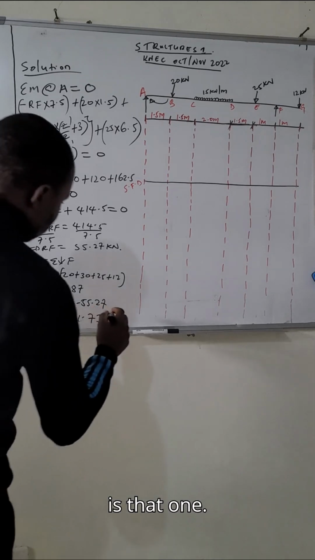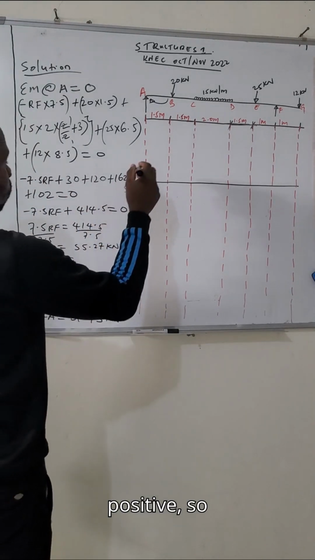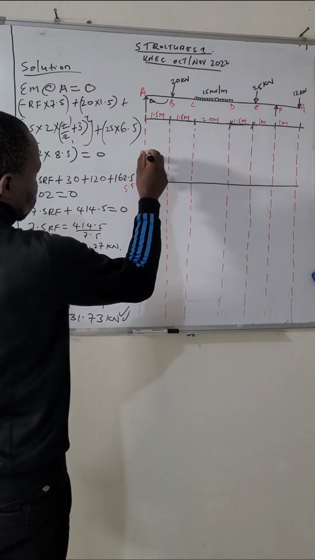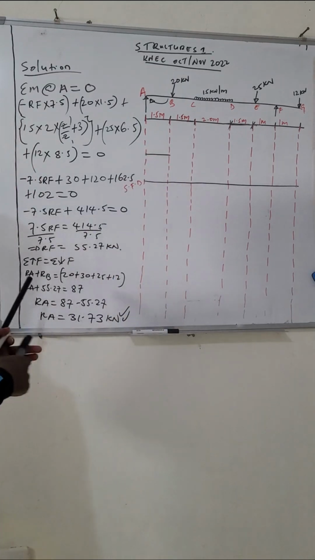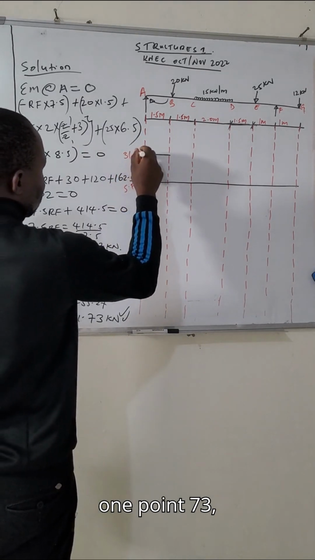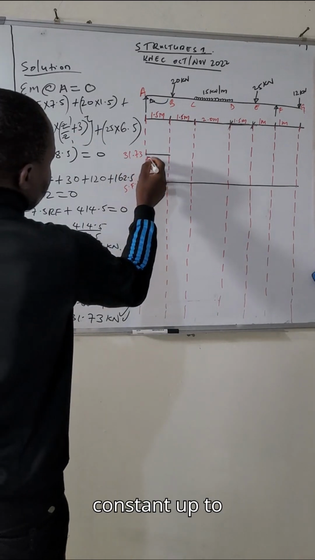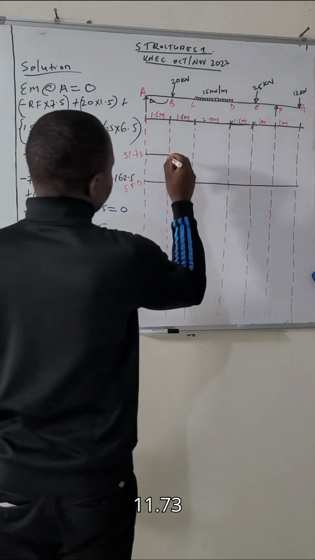Reaction at A is 31.73, so it is positive. Let's say there, give it a value of 31.73. It will be constant up to the next loading. So take that 31.73 minus 20. You get 11.73.